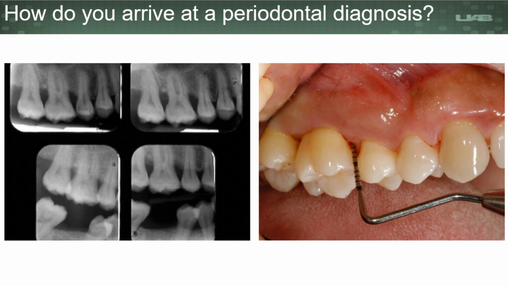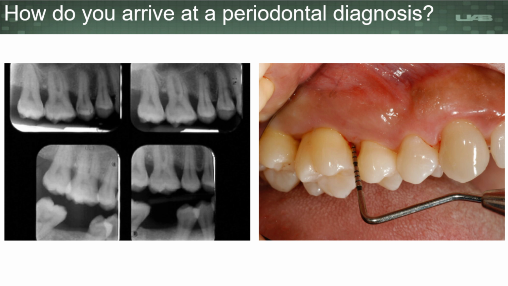Because if you look, for instance, at this molar here, where's the CEJ? Well, it is slightly subgingival on the molar, and it's even more subgingival on this premolar. On this premolar here, for instance, we could very well measure a 4 or 5 millimeter pocket, but if we accurately locate the CEJ in relation to that gingival margin, we may find that that CEJ may be 2 to 3 millimeters subgingival.